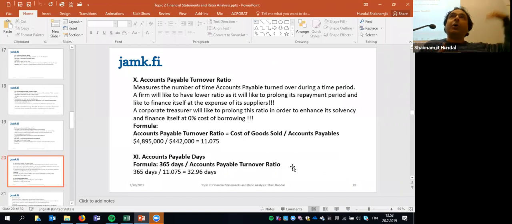The money which I owe to my supplier is my accounts payable. Accounts receivable and payable can be both current and non-current assets and liabilities. If it is less than a year, then it's current. If it is a year or more, it's non-current. You know the definition of long and short period in finance is a 364 days cutoff point.